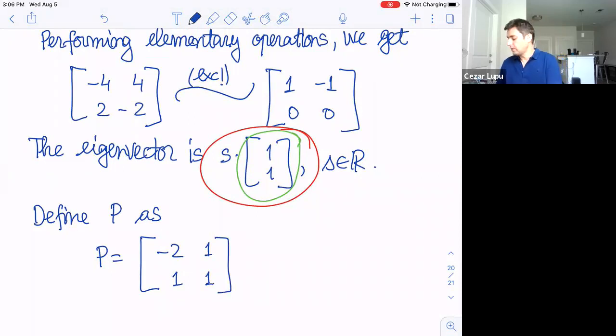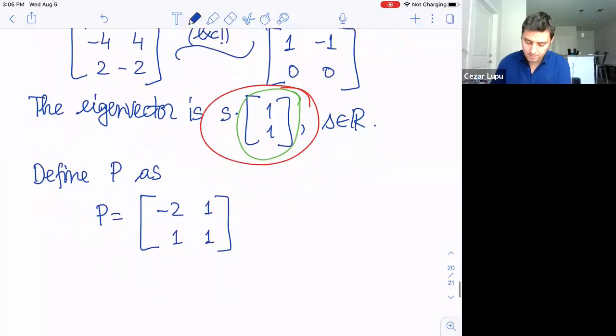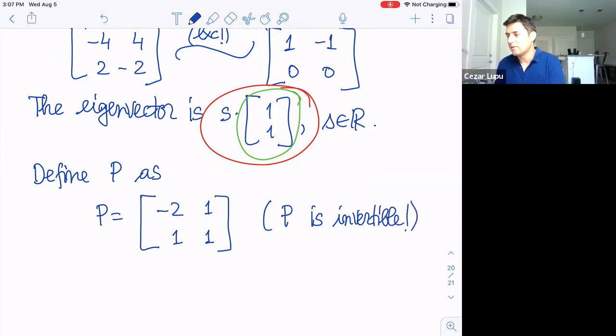That's the matrix P. Of course, this will be invertible. You can actually find the inverse.